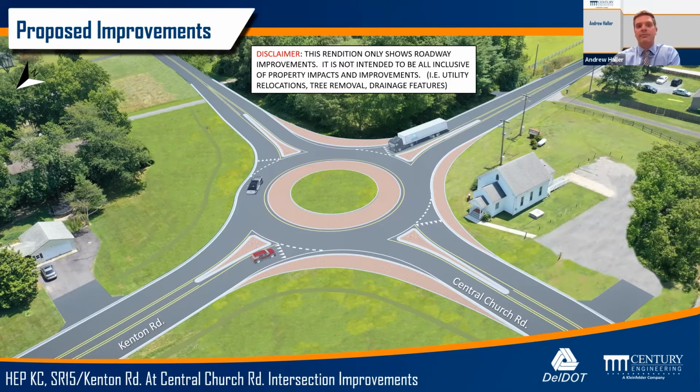The roadway is designed for your standard passenger cars, trucks, vans, things of that nature. The center of the roundabout will consist of low maintenance grass to provide a better visible and contrasting surface for visibility of the roundabout. And lastly, the relocated church entrance I had mentioned can be seen here off to the right of the screen. And with that, I'd like to thank you very much for your time, and I'd like to hand it back over to Laura.